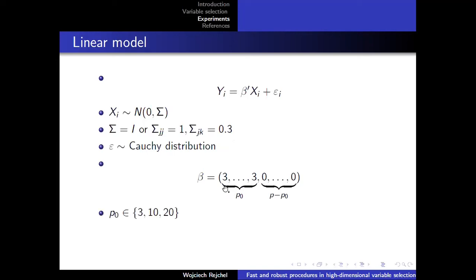So we have at the beginning a few relevant predictors, 3 or 10 or 20 relevant predictors, and then we have irrelevant predictors. The sample size is like that. The number of predictors is like that. So if n is 100, then p is also 100. If n is 200, then p is 400, and so on. So we've got 4 scenarios, and as you can see, the number of predictors is larger than the sample size.